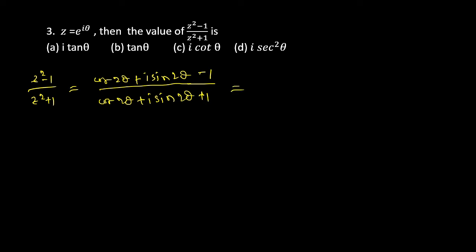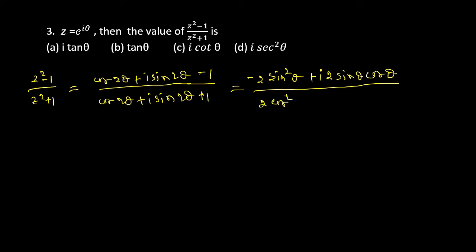Now 1 - cos 2 theta is 2 sin square theta, so cos 2 theta - 1 we can write as minus 2 sin square theta, plus i sin 2 theta, which is 2 sin theta cos theta. In the denominator, cos 2 theta + 1 gives 2 cos square theta plus i 2 sin theta cos theta.